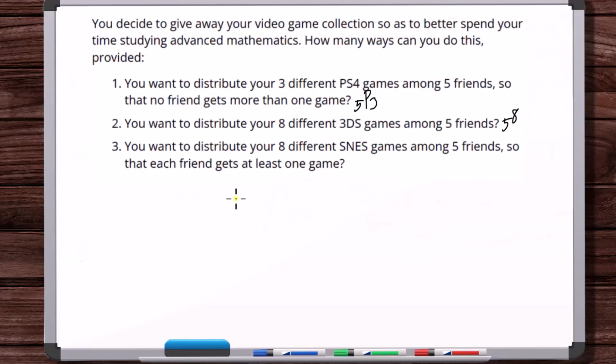So we could think about if we started with 5 to the 8th and then subtracted out the opposite of this. So we subtract out, so if each friend gets at least 1 game, then the opposite is that you have at least 1 friend that didn't get a game.